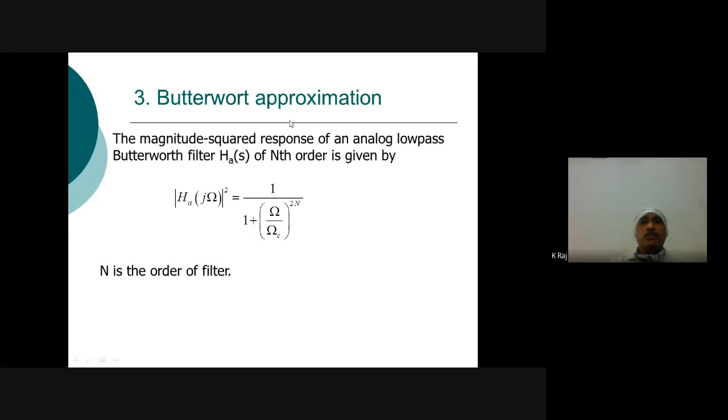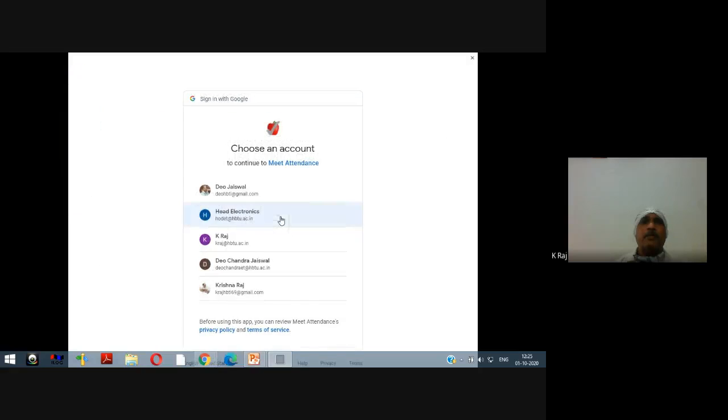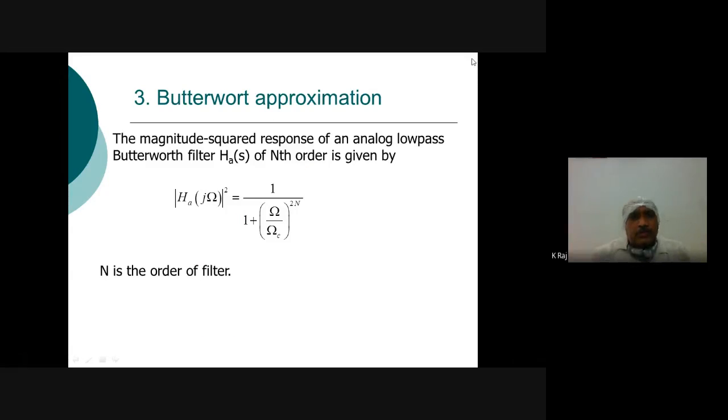The magnitude square response of a filter is described by this mathematical equation when we use a particular type of approximation that is named the Butterworth approximation. And what is the specialty of this approximation?